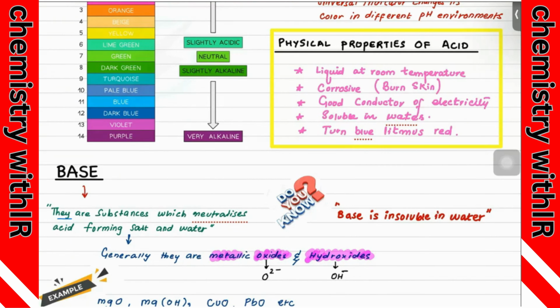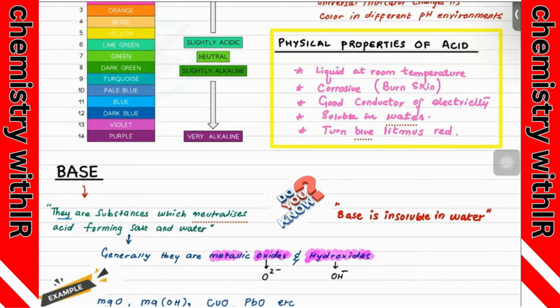Okay, I have blue litmus paper and I take this litmus paper into that beaker in which the acid is present. I would see the color of that litmus paper turning from blue to red. If this is done, then yes, I can say acid is present.